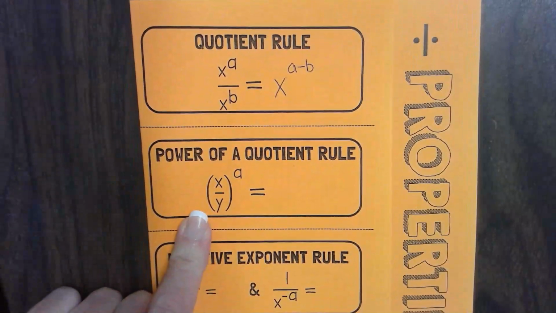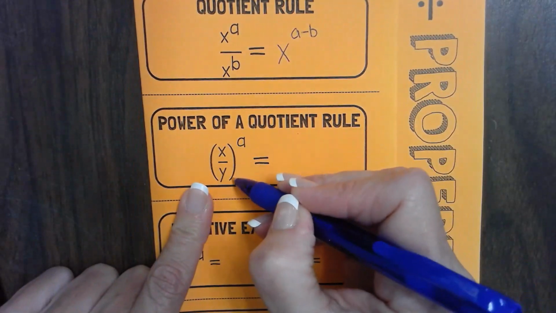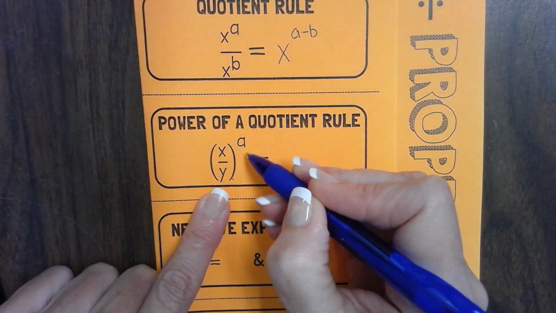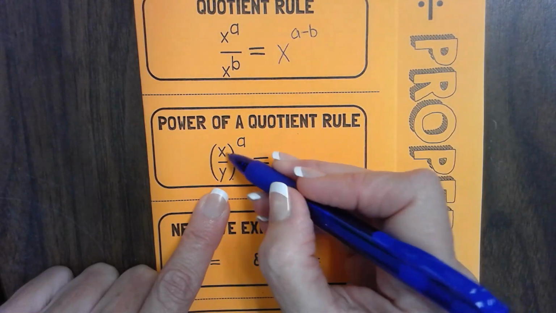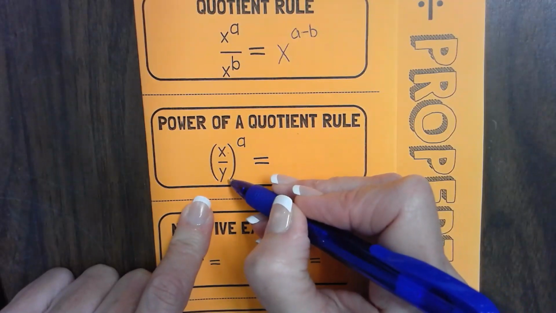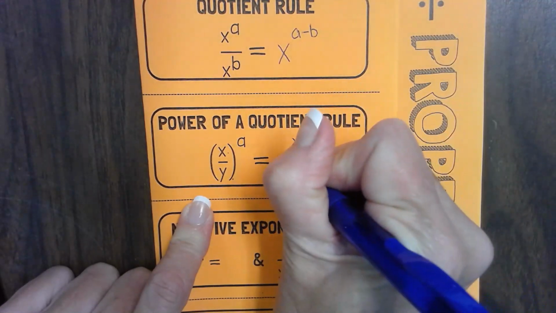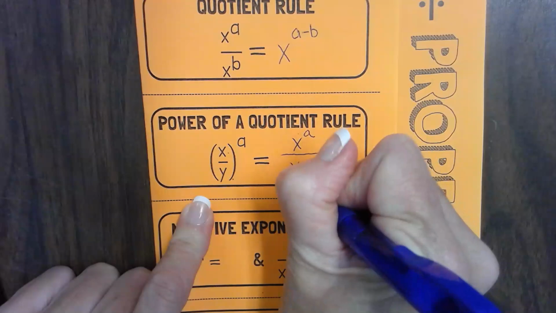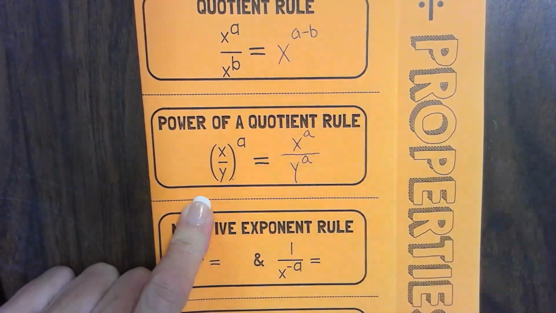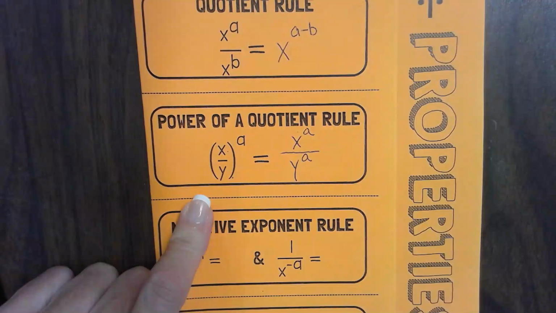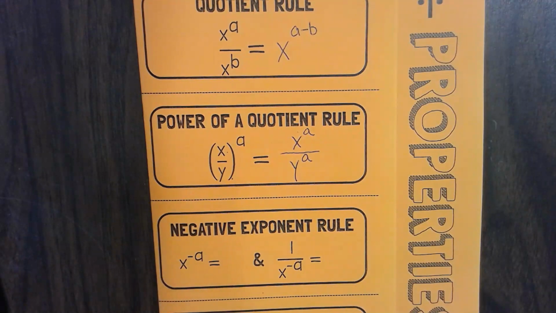Yesterday I gave you one of these where the parenthesis comes all the way down, so this power actually goes with both the numerator and the denominator. So this would be x raised to the a power divided by y raised to the a power. So we've done all of those.